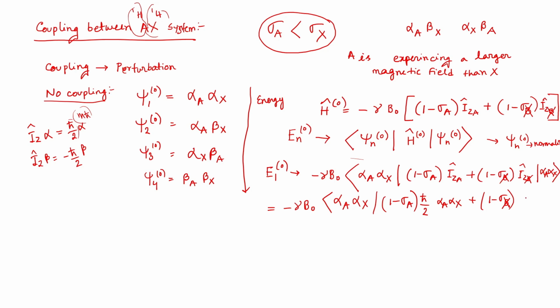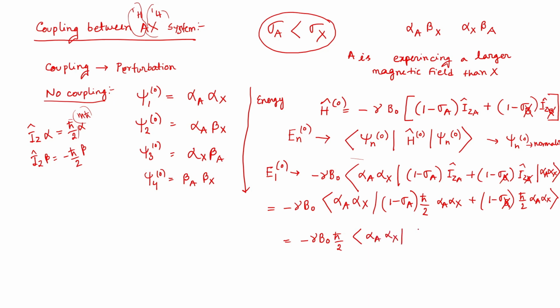Okay. σ_X, now it is going to operate on this X, that is also α spin, so there is no problem. That is going to also be ħ/2 α_A α_X, right?